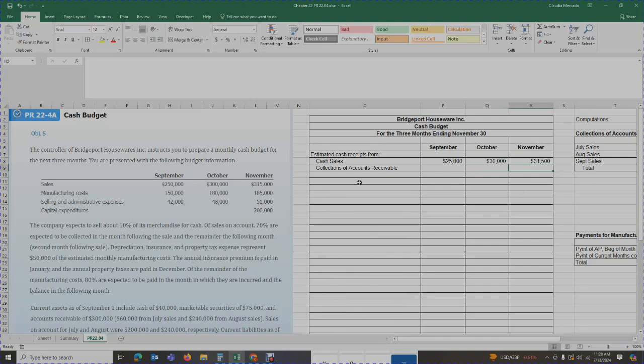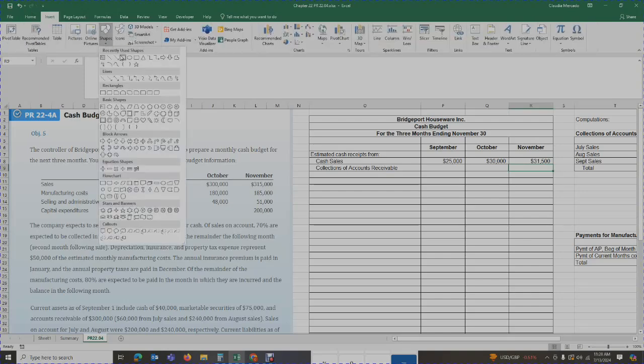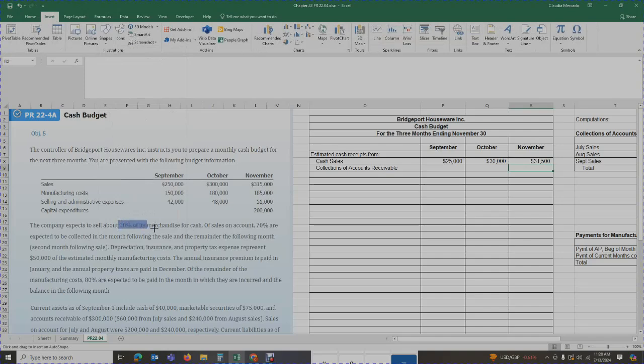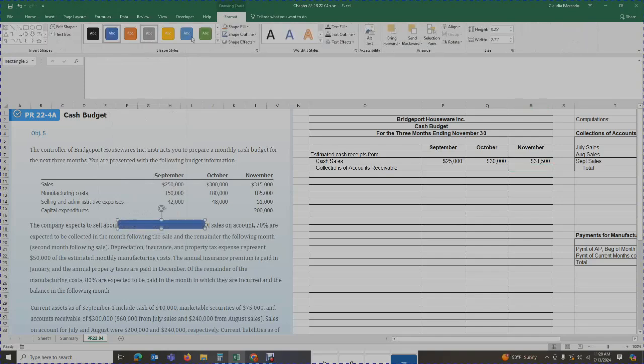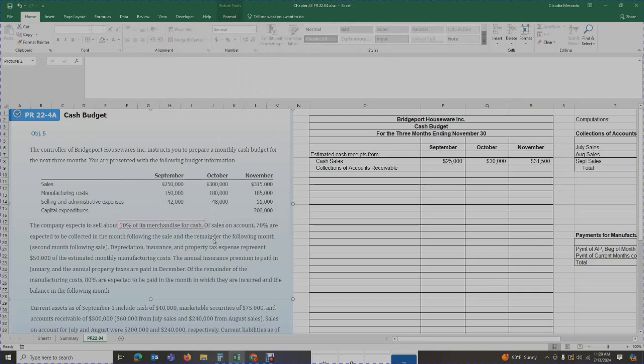So that is fairly straightforward. The first sentence tells you the percentage of sales for cash, 10% right there. So it's super important that you locate the information and apply it to the problem: 10% of its merchandise for cash.